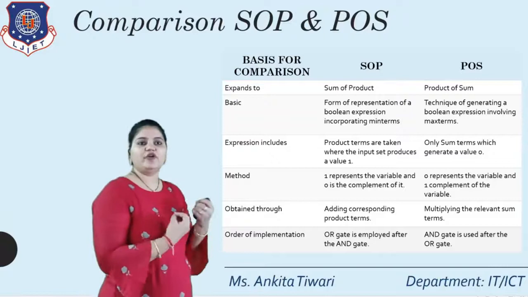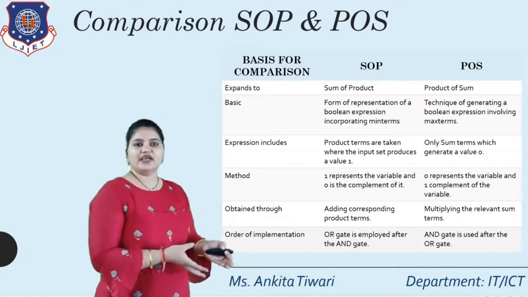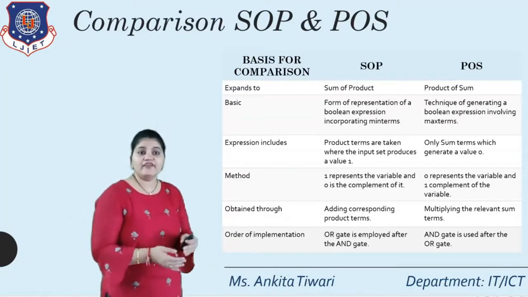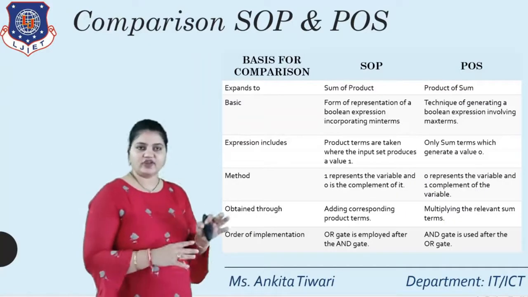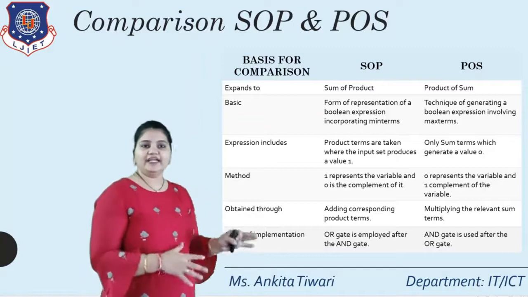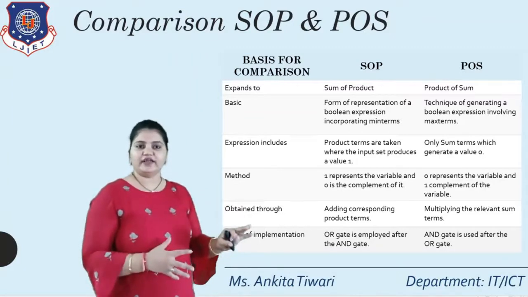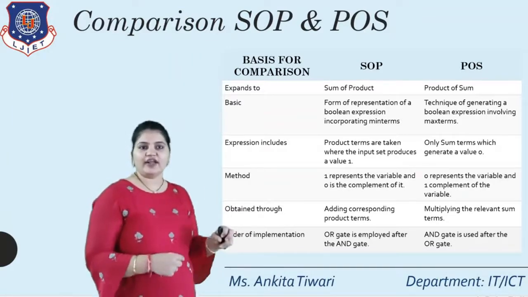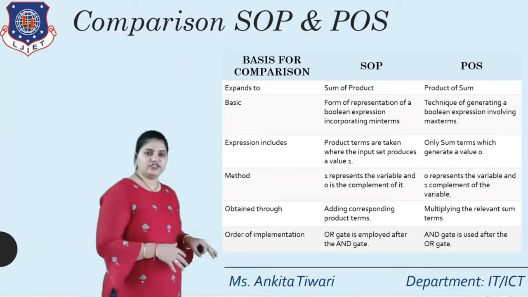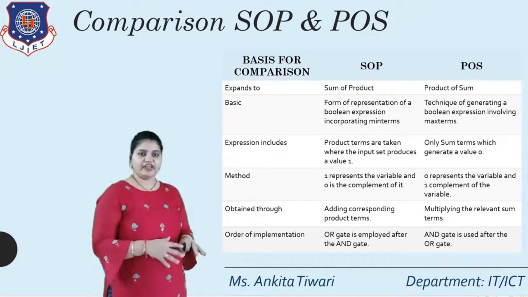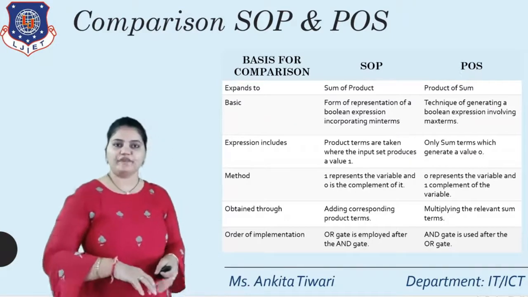The same thing in POS is taken with respect to the relevant multiplying sum terms. So this is the difference between SOP and POS. And with the help of gates, SOP uses an OR gate. With POS, it is an AND gate. So these are the comparison points that we need to have whenever I am talking about the representation of POS and SOP.